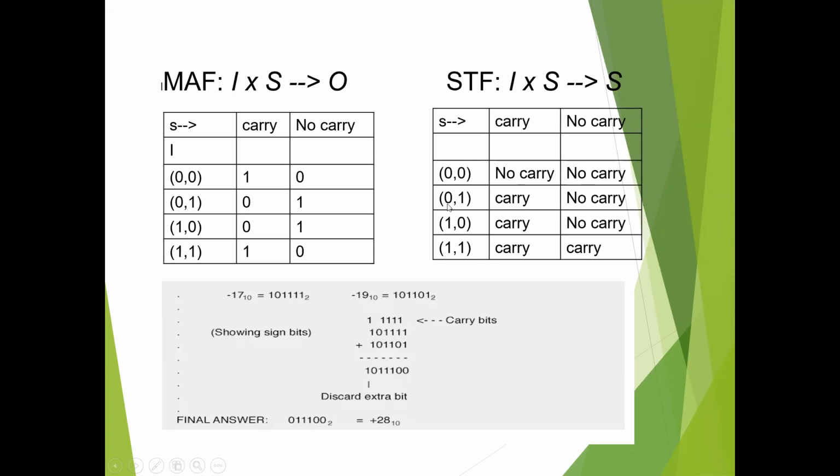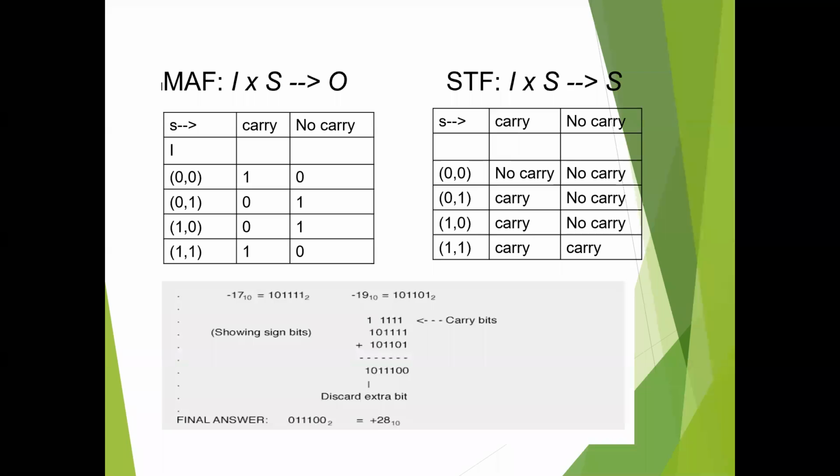But if 0 1 input is given to the no carry state, it will not generate any carry, and that is the reason you will be transited to no carry. Similarly 1 0, if the two numbers are given as an input with carry, it will generate carry, and that is the reason you are on the carry state. If there is no carry, you will remain on the no carry.